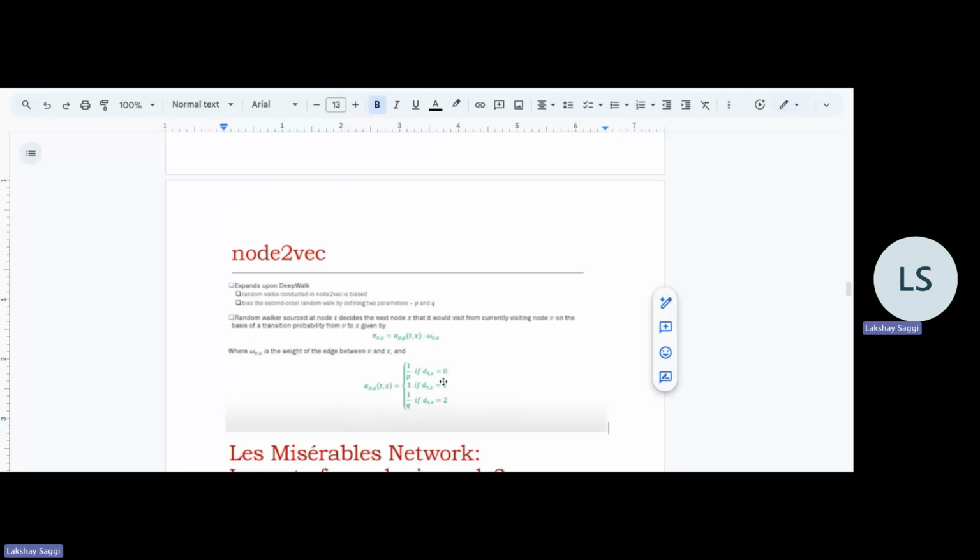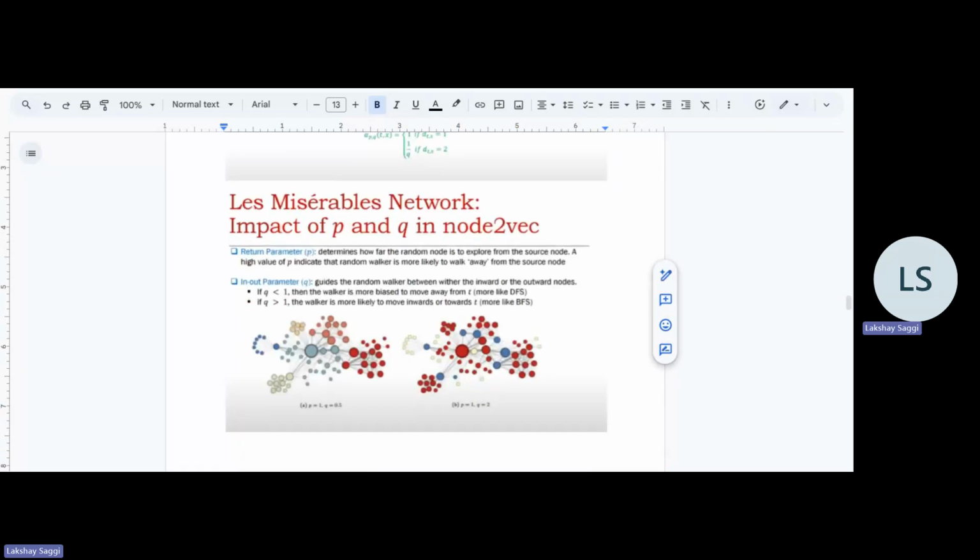It was also covered in the lectures that putting these kinds of values corresponds to these observations. If you increase P, then it's likely that you will be moving further away from the source node. Similarly, if you increase Q, you will be moving further towards the source node, and so on.